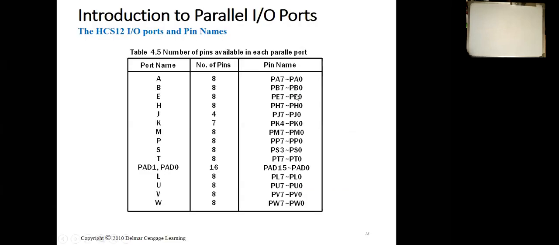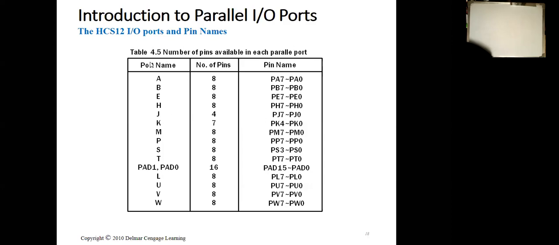Okay, so as I said last time, we started to discuss the input-output ports, which are very important in embedded systems and microcontrollers. We said the HCS12 microcontrollers are very rich with input-output ports.